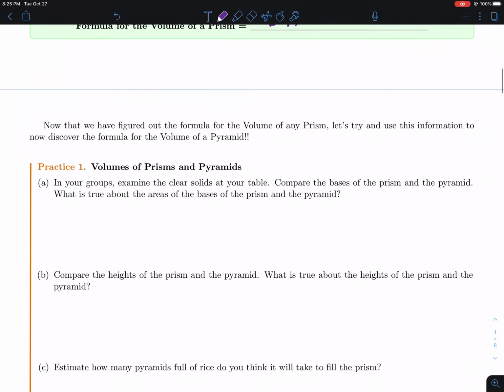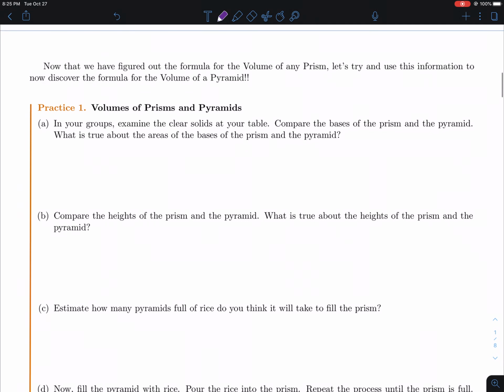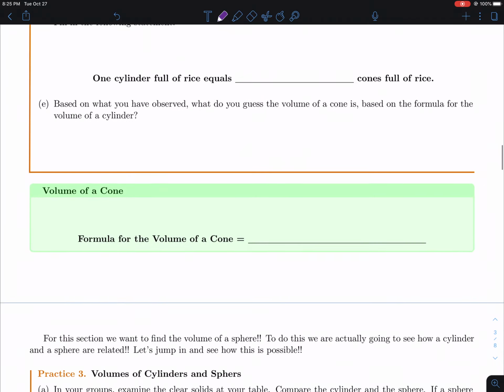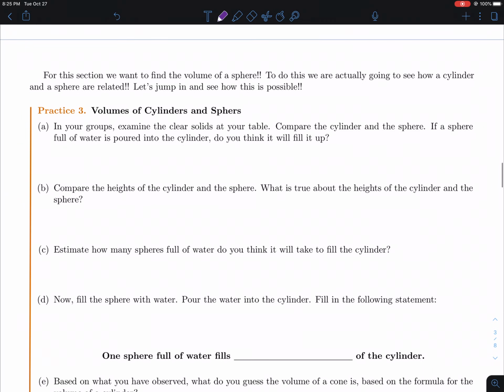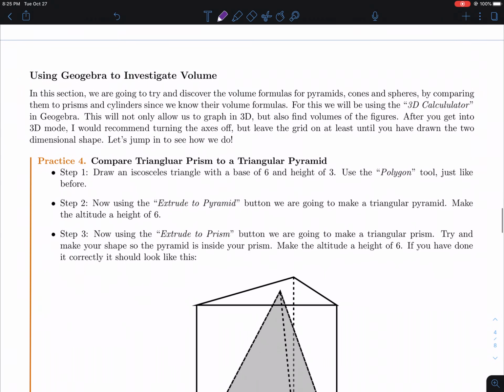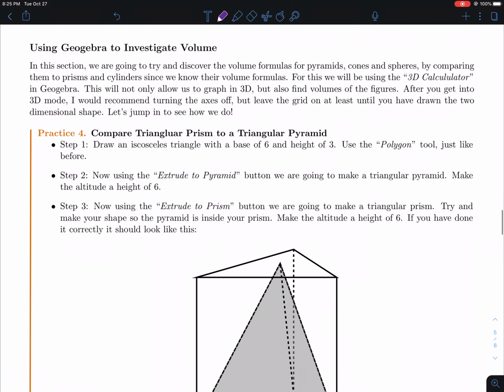Unfortunately, the first couple of practice problems are based on being able to do stuff in the classroom, so we won't be able to do any of those, but I've tried to recreate something similar on GeoGebra. So skip practice 1, 2, and 3, and we're going to use GeoGebra to do the same thing that we would have done in class.